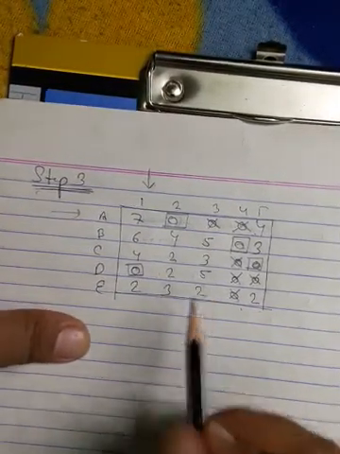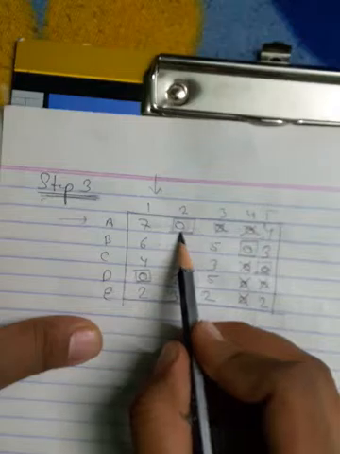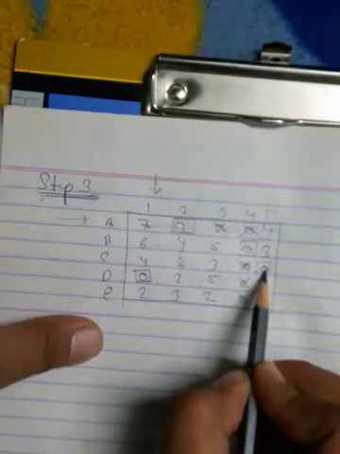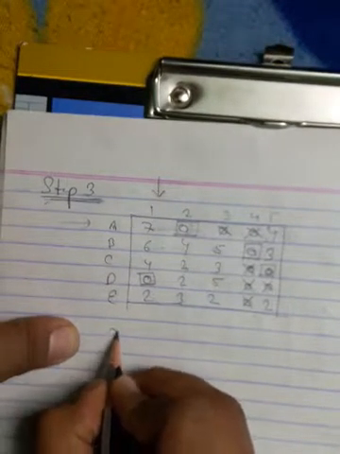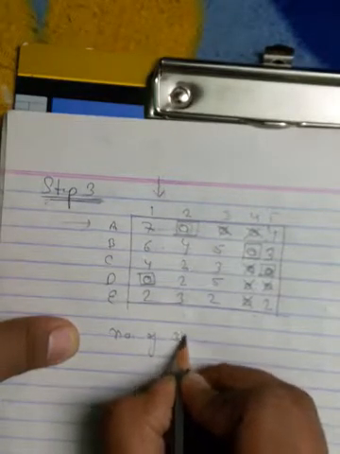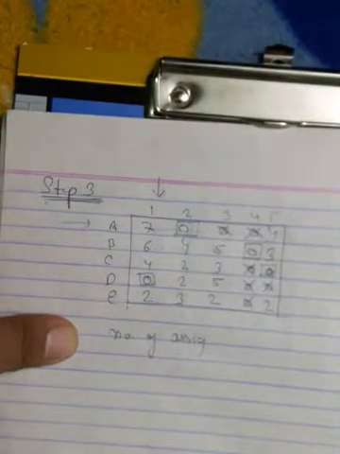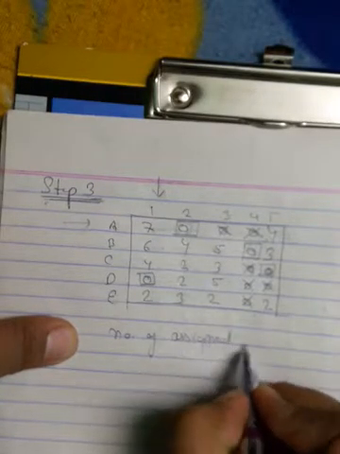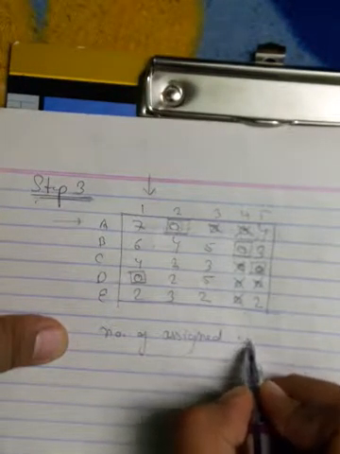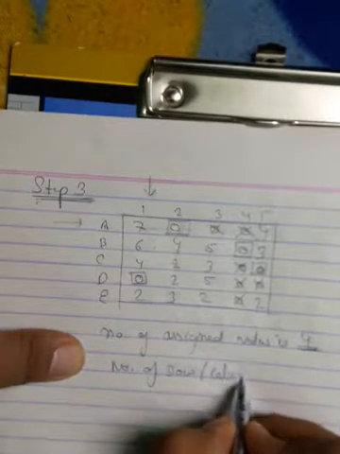But now you have to see whether our assignment is reached or not. The number of assigned values is 1, 2, 3 and 4. So the number of assigned values is 4, but the number of rows or columns is 5.